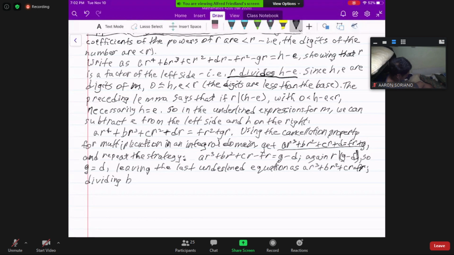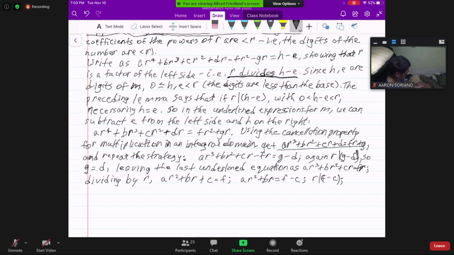Dividing through by R leaves AR to the second plus BR plus C equals F. And then we'll have AR to the second plus BR, same as before, terms with R on the left, the other terms on the right, F minus C. And so that says R divides F minus C, you need parentheses.